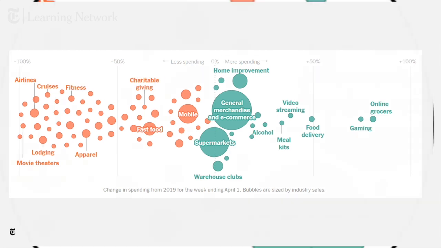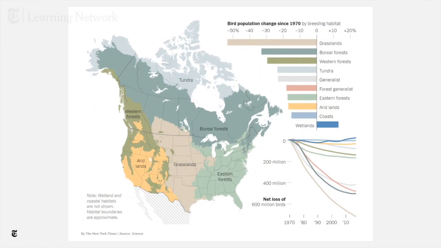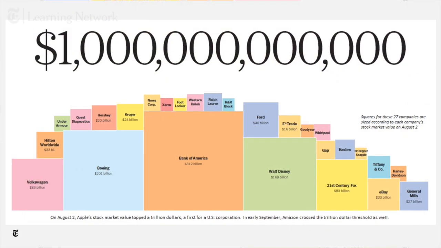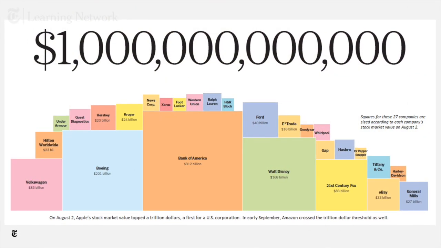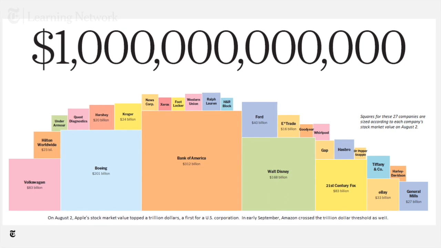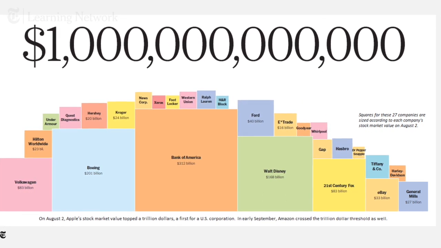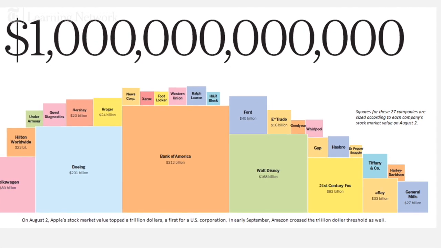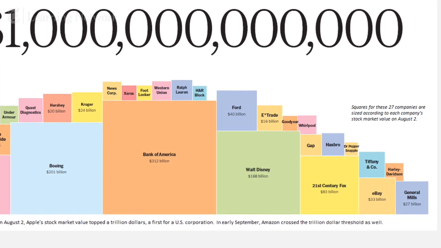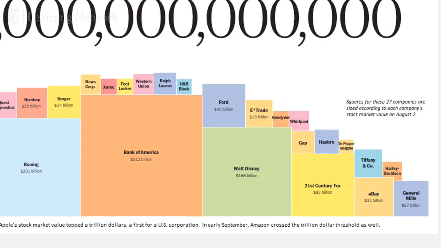The one next to that is where have the 3 billion vanishing birds gone? And the last one is, what does $1 trillion look like? That was the market value of Apple and Amazon. And we showed it by these squares that added up to $1 trillion. The students were fascinated at looking at companies that they knew something about.